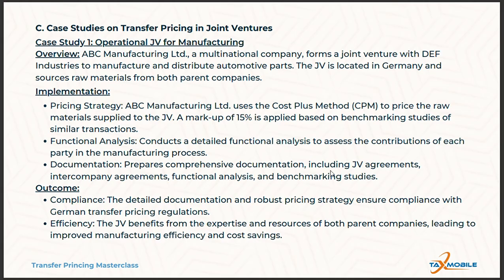On functional analysis, the analysis identified each party's contribution, such as technology provision, management oversight, and supply of raw materials. On documentation, comprehensive joint venture agreements, intercompany agreements, and benchmarking studies were prepared and used to support the analysis.